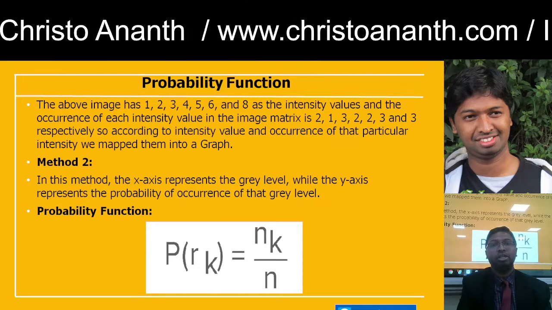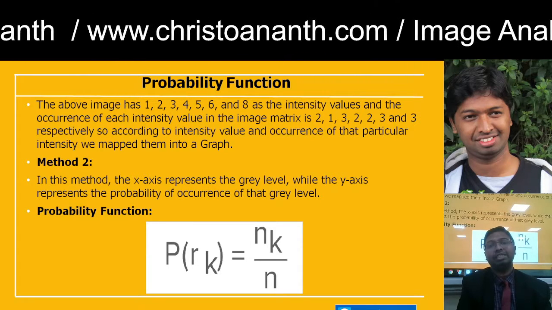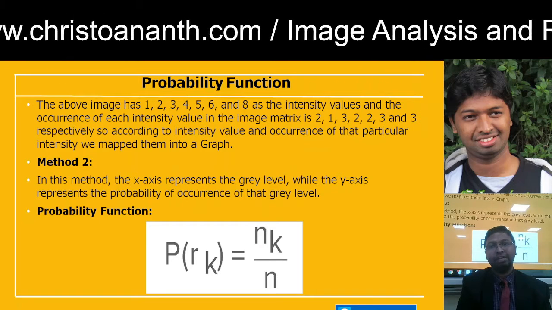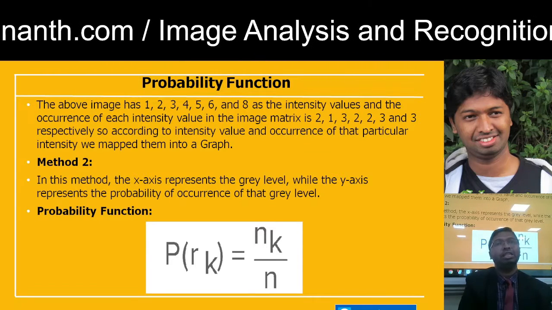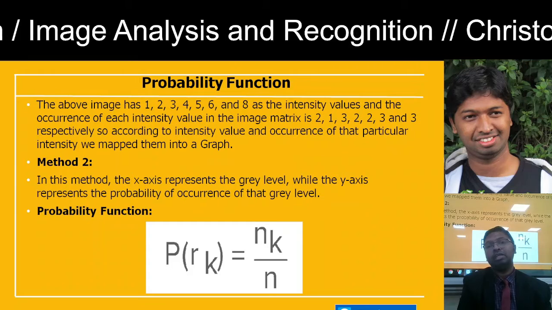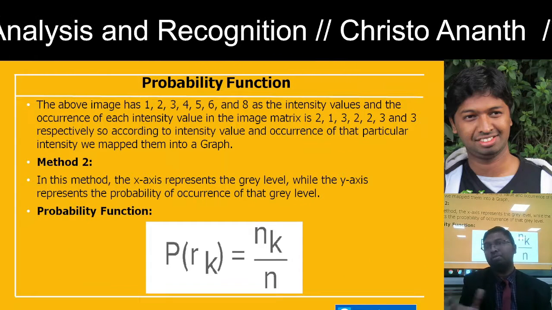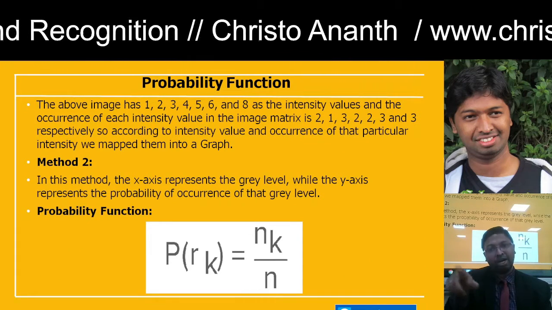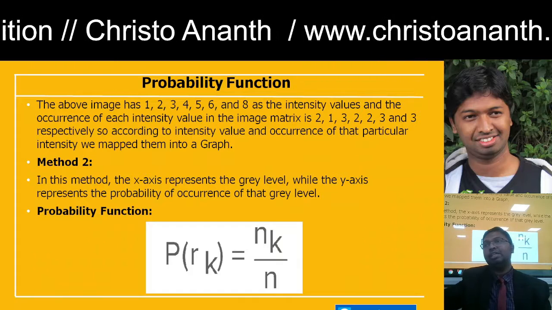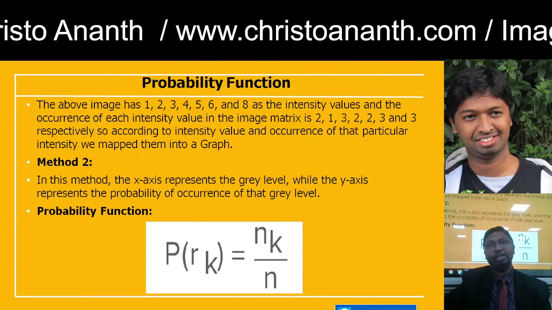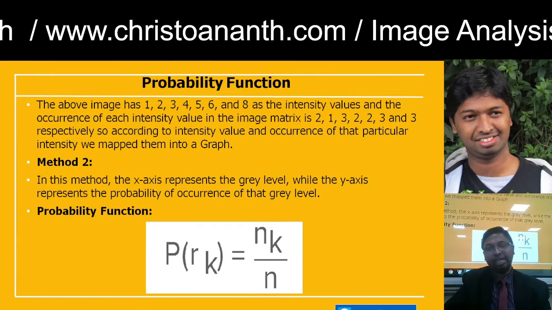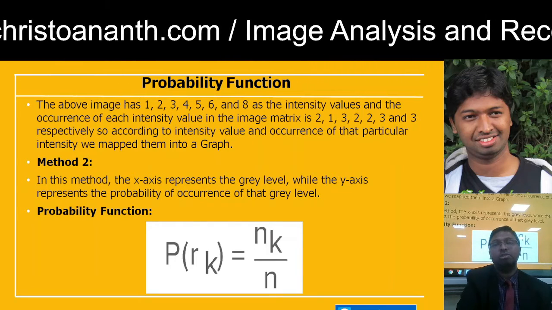Next, you have the x-axis which represents the gray level, and the y-axis is the probability of occurrence of each gray level. The probability function is P of rk equal to nk divided by n, where nk is the number of pixels at that level.